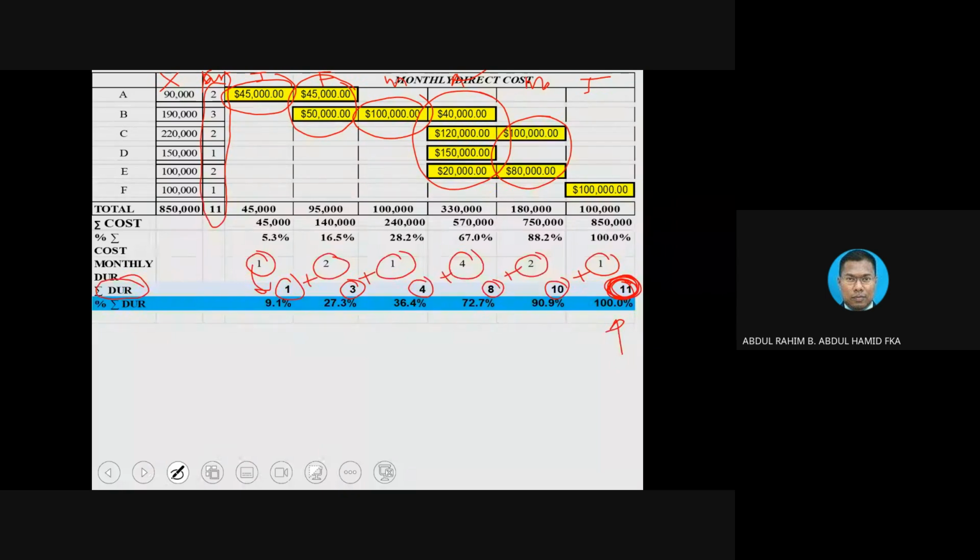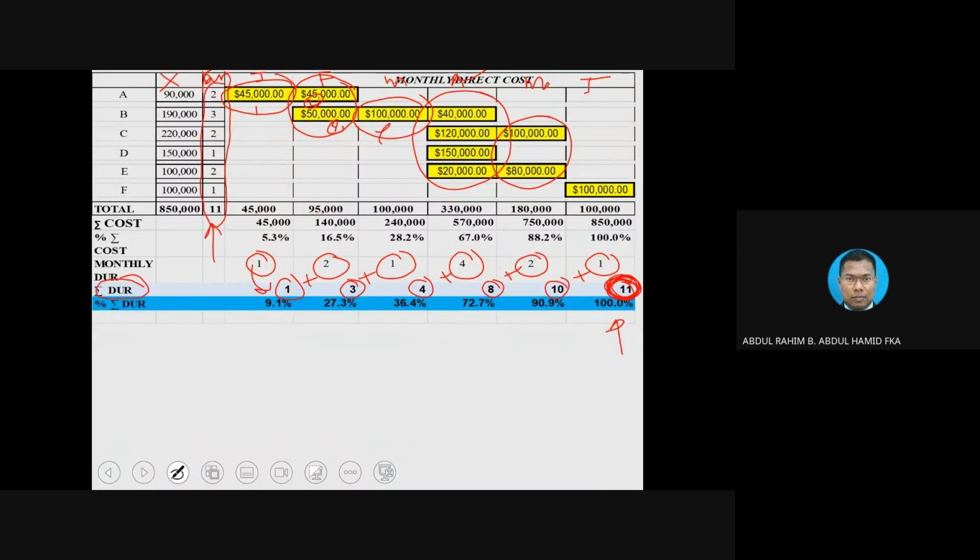If you count how many yellow color bars per month, you will notice there are 11 months. 1, 2, 3, 4, 5, 6, 7, 8, 9, 10, and 11. So this is what 11 simply means. It is not 11 months of the project, only 6 months, but work effort based on this dimension.